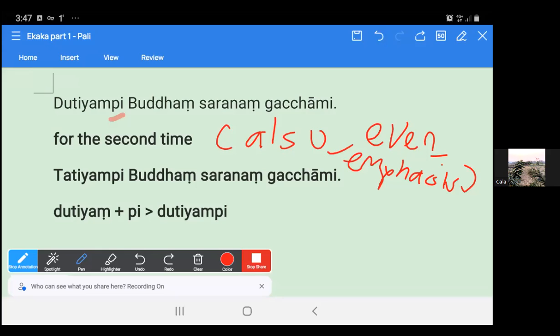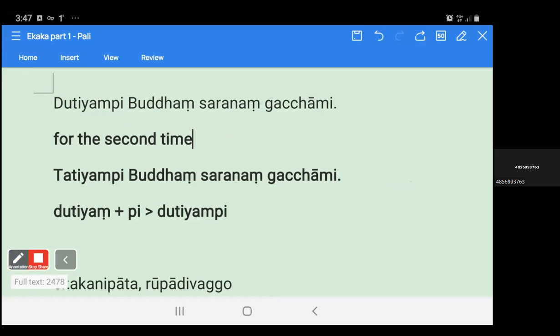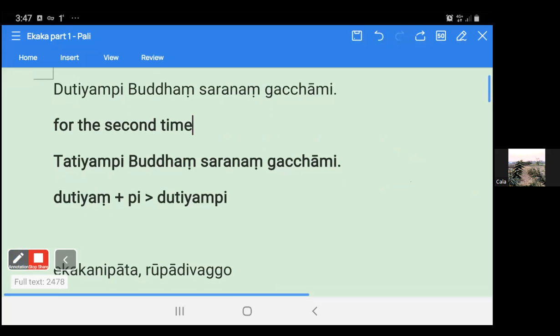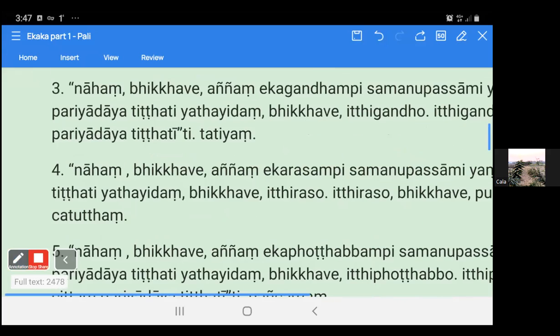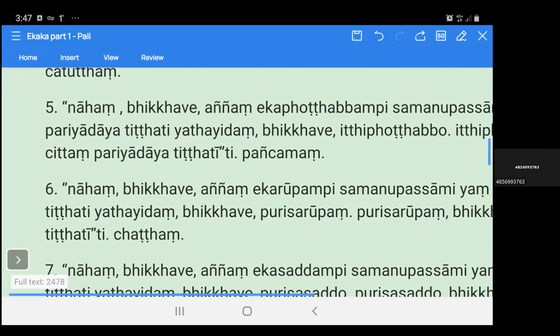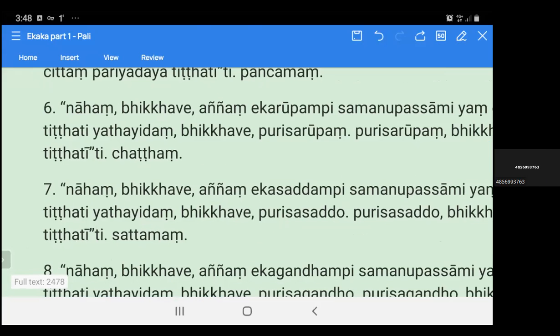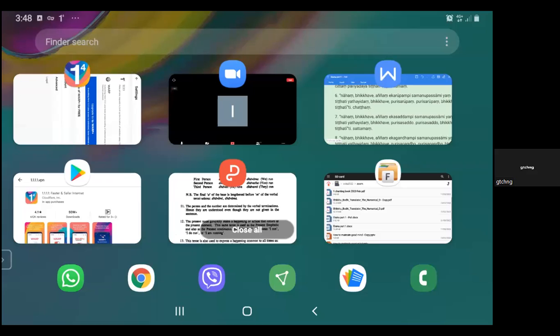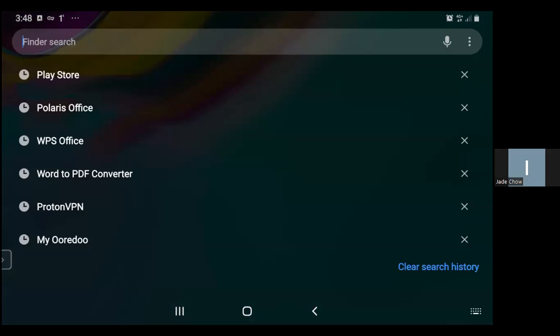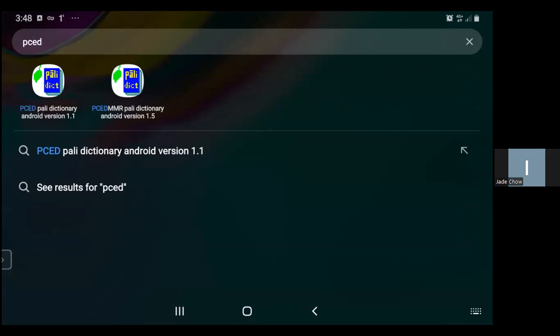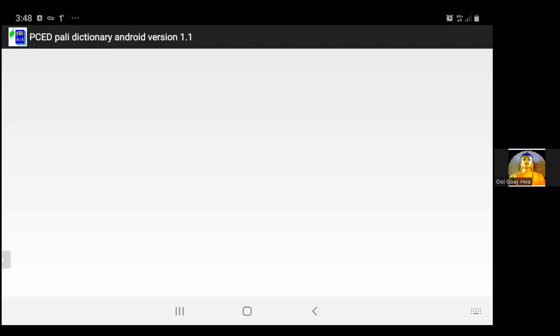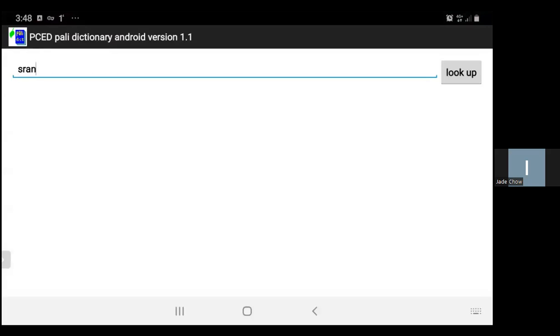Then for the sixth time, Chatamampi. Then for the seventh time, Satamampi. Okay, for the eighth time, Paṭhamaṃ. Okay, for the ninth time, Nāhaṃ. Okay, for the 10th time.